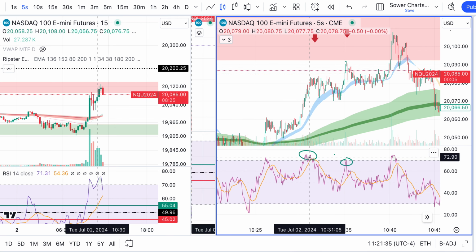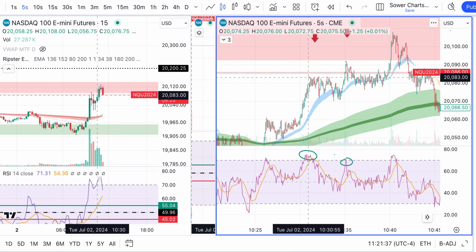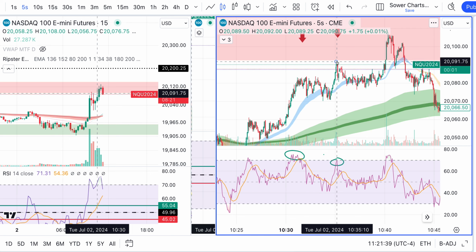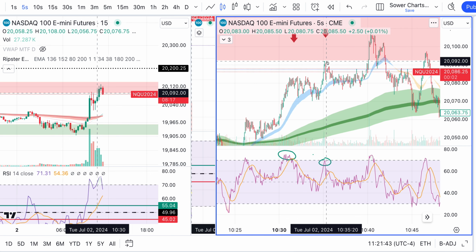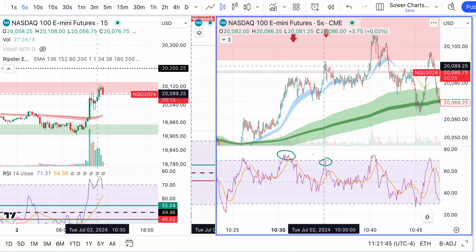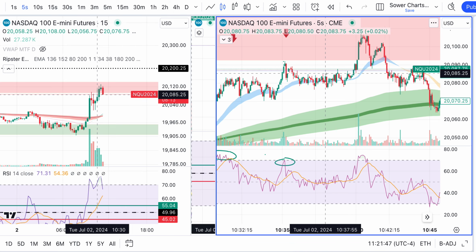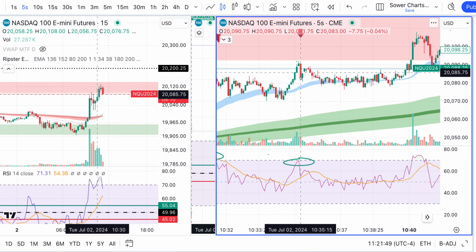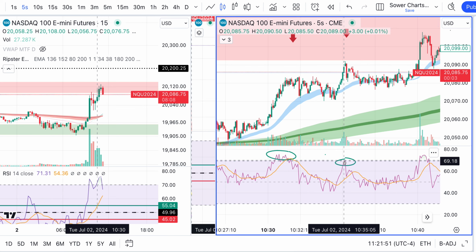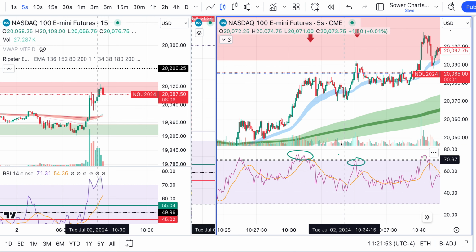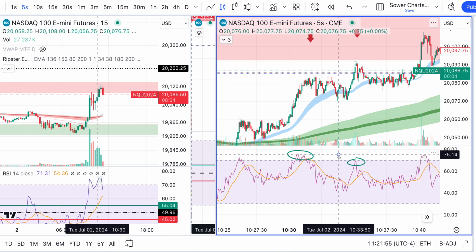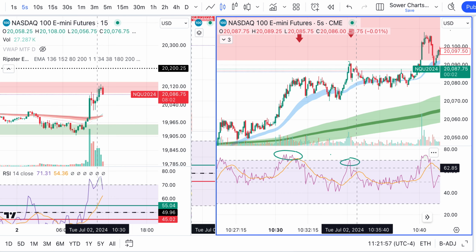So I noticed that we came overbought up here in this area. And then we came up right to that area that I had marked out prior of consolidation resistance, and we had a strong reaction candle here, and we were under the overbought. So we increased on price, but we did not on RSI.